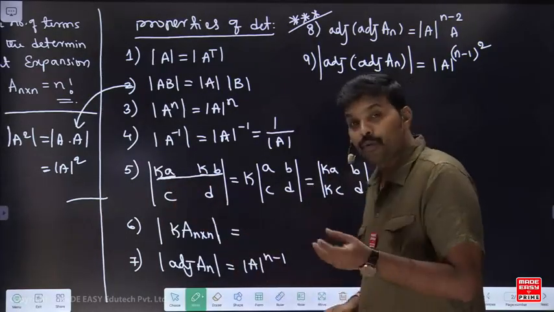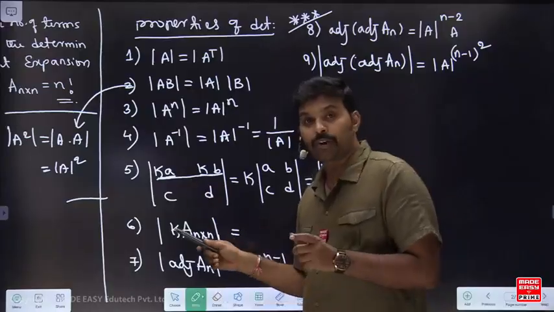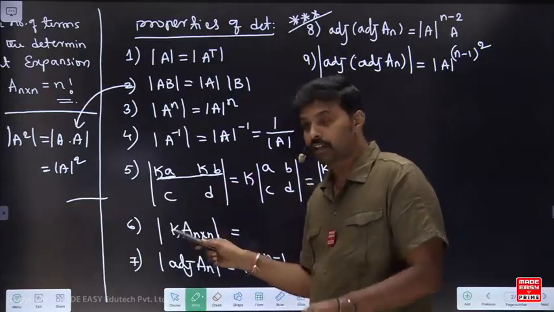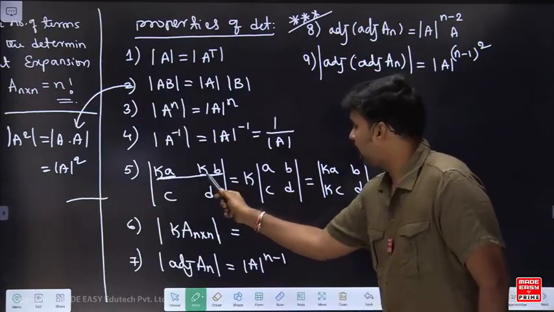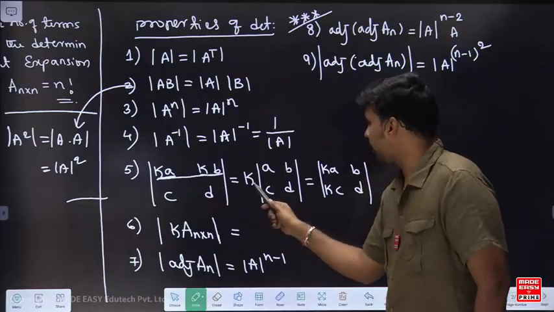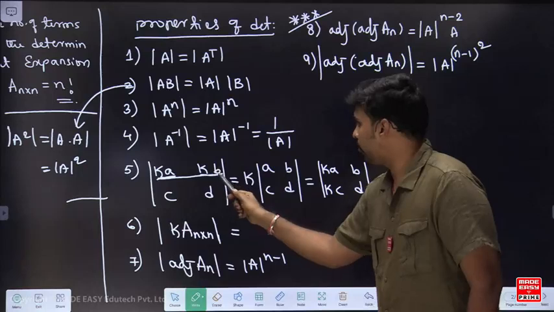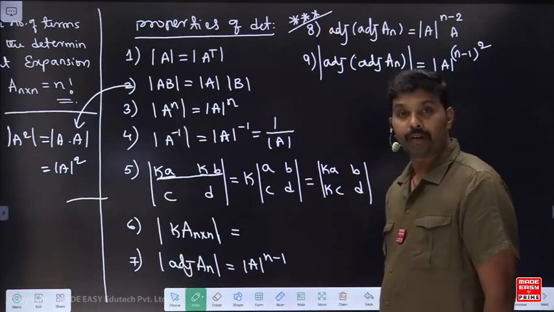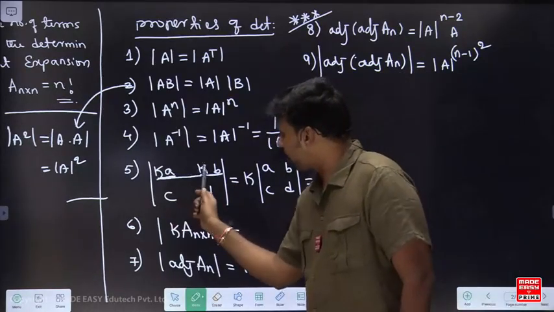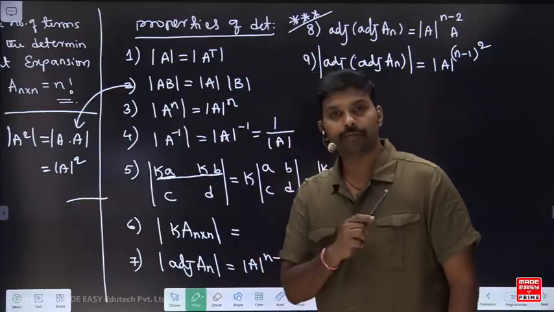Then it is written as k times the determinant of a, b, c, d here. Right? So like that, row wise you can take the scalar common.